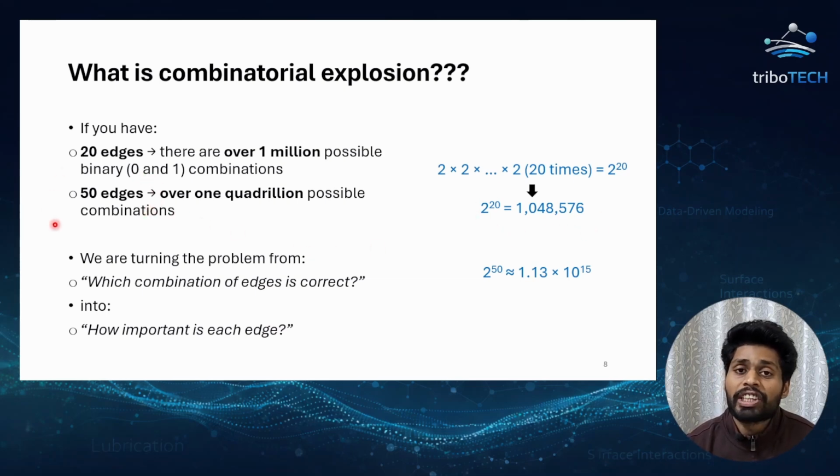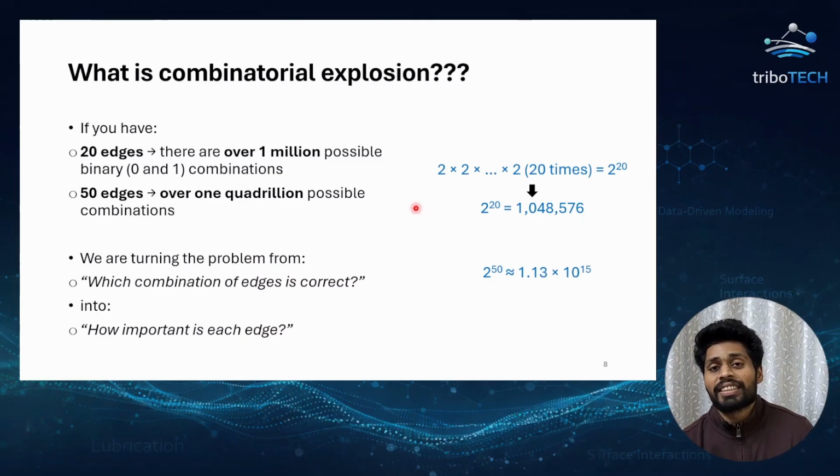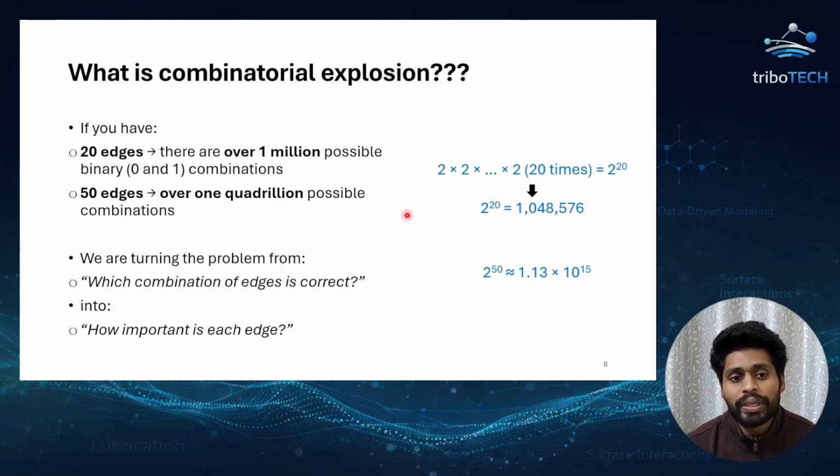Now, when we have 50 edges in a graph, this number crosses a quadrillion. So this is insane for the explainer to compute. What we are doing in assumptions 1 and 2 together is changing this problem. Instead of computing which combination of edges is correct, we are now computing how important each edge is. And that reduces a lot of computational load on the explainer.